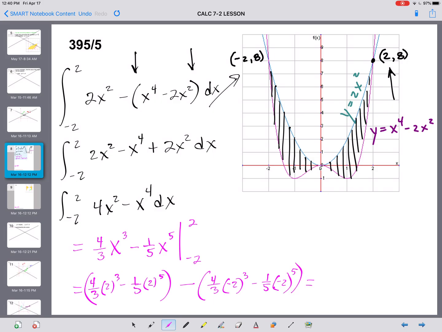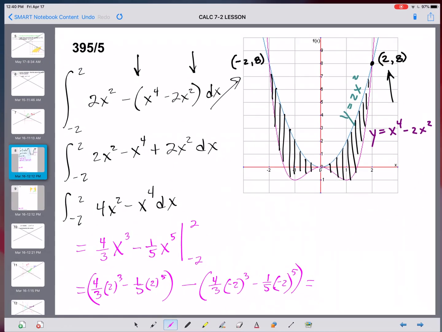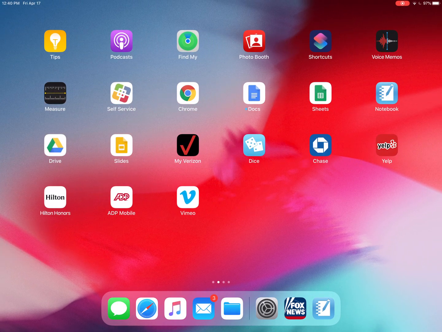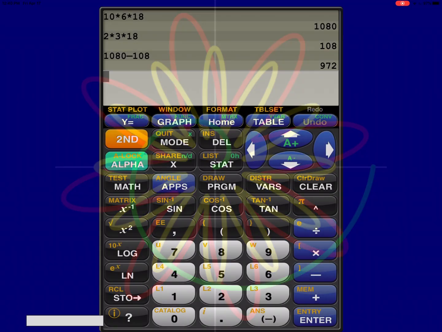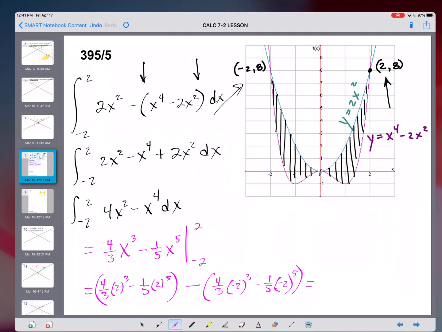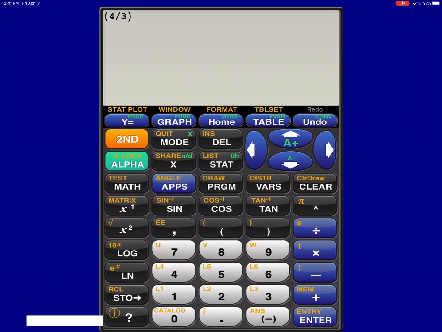Our first one, I'm going to do this in my calculator. Okay, x to the 3rd, x to the 5th. Parentheses, 4/3, times 2 raised to the 3rd.